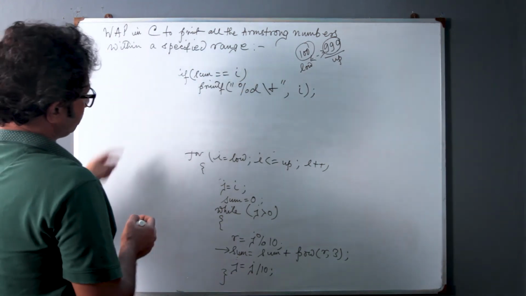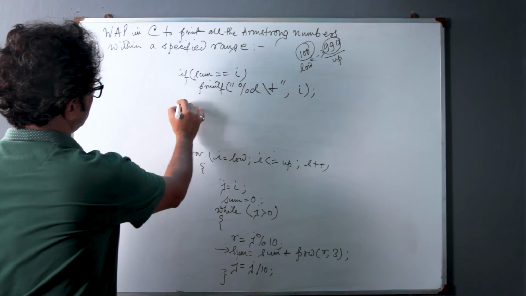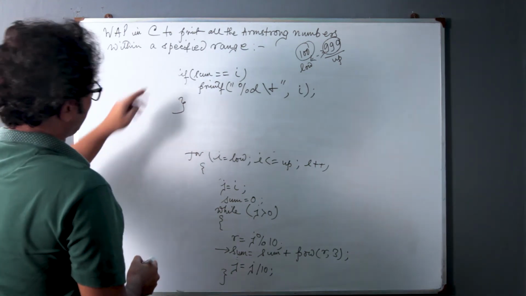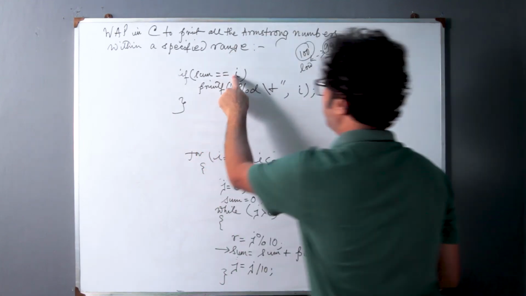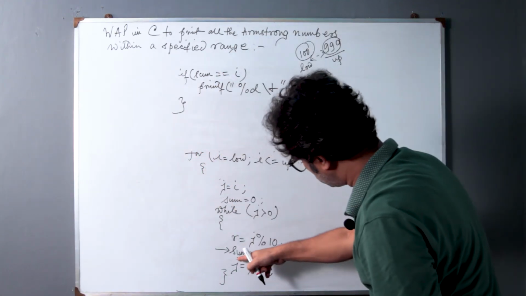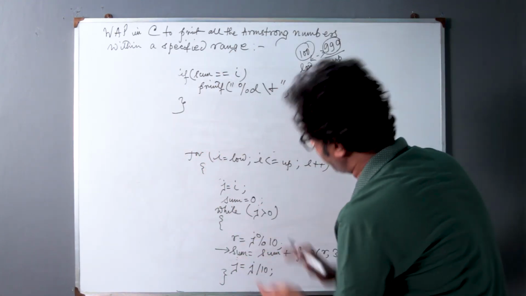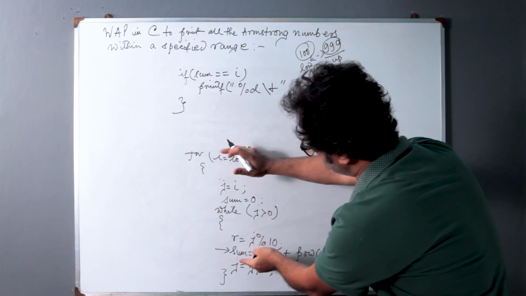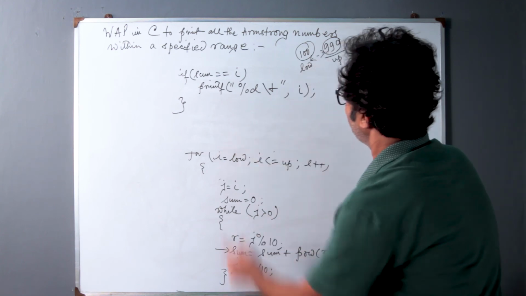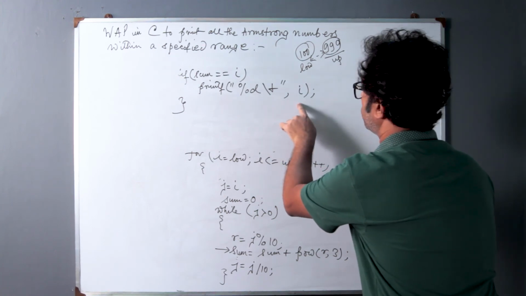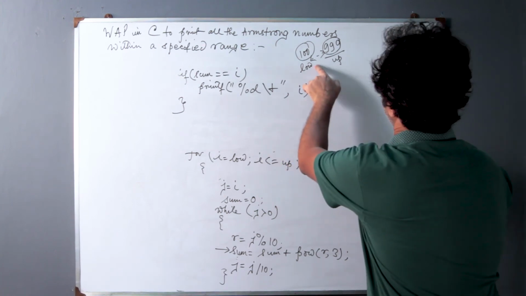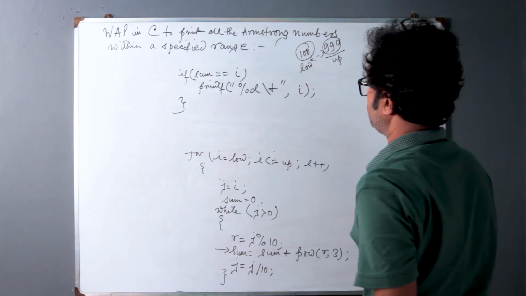In this manner, the for loop is ended, and whichever i value becomes equal to the sum calculated in the while loop for each iteration of the outer for loop, that i will be printed as an Armstrong number found within the specified range.